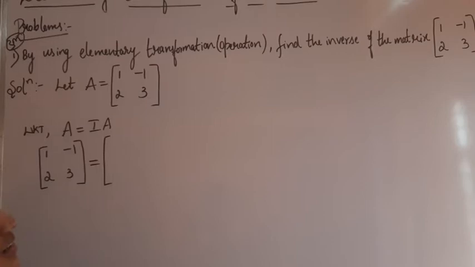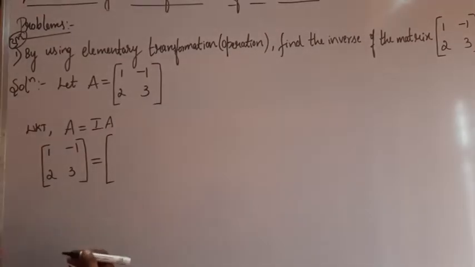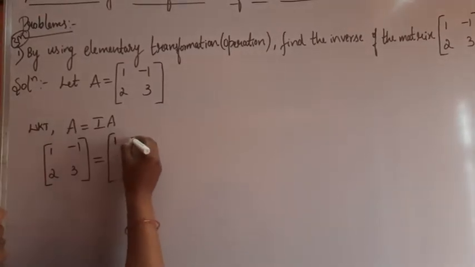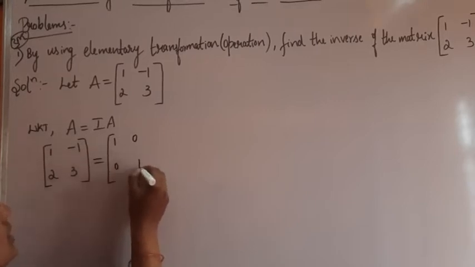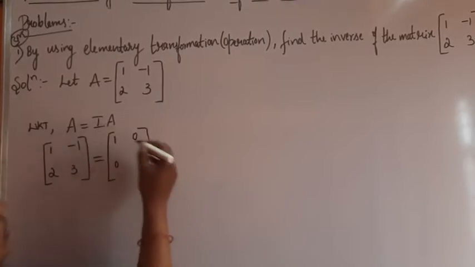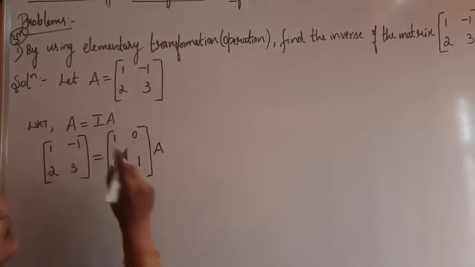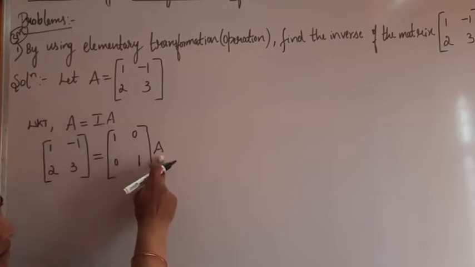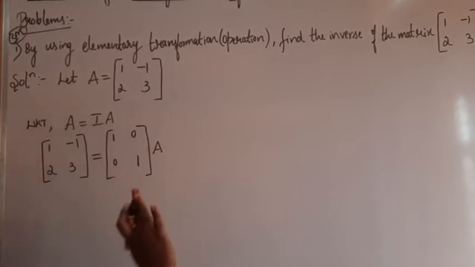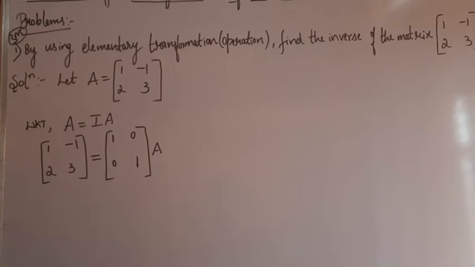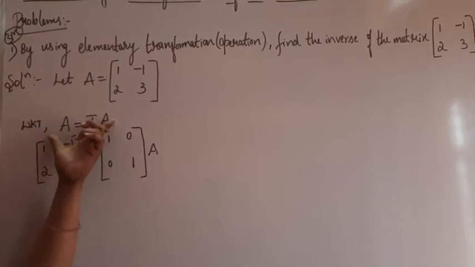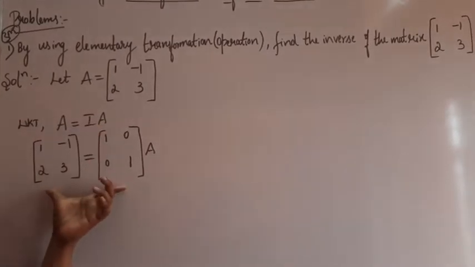Since the given matrix is of second order, we take the identity matrix of second order, that is 1, 0, 0, 1, into matrix A. Don't replace that matrix A; write that matrix A as it is. If we take this condition and replace the matrix, we get 1 mark.